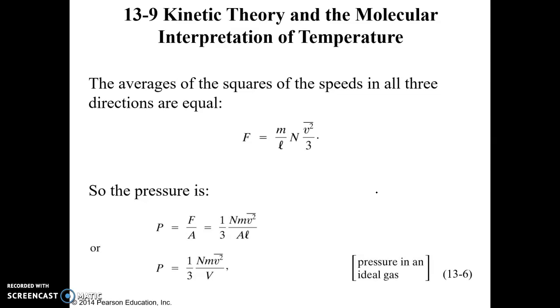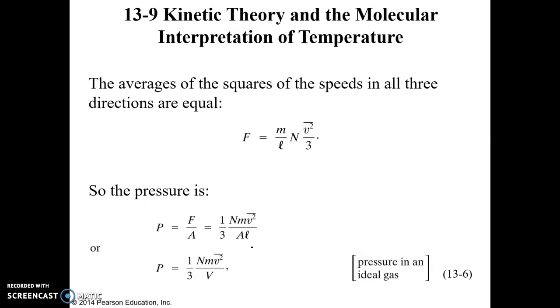And then through some various substitutions and simplifications, we eventually get to this equation here. So this is the force equals mass over length times N, the total number of molecules, times the average velocity squared over 3. And then if we keep going a little farther, pressure is just equal to force divided by area.